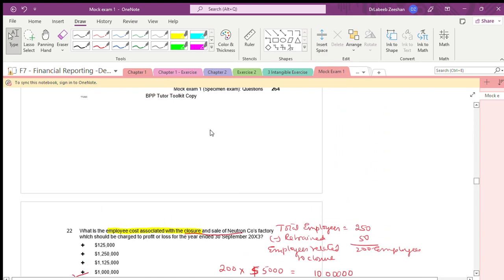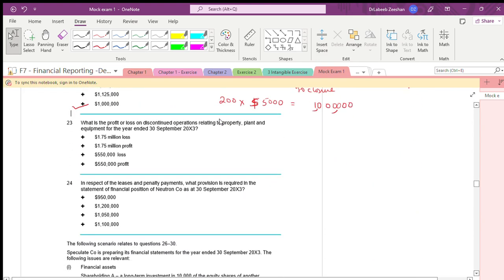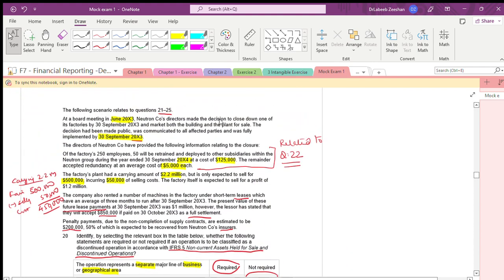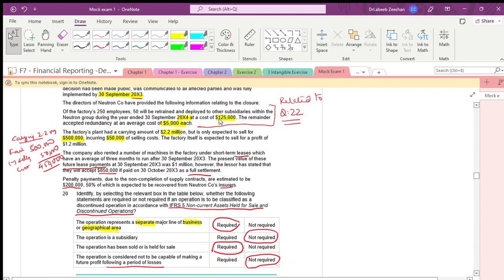Which is the question? Question number 23. The factory plant's carrying amount is 2.2 million.